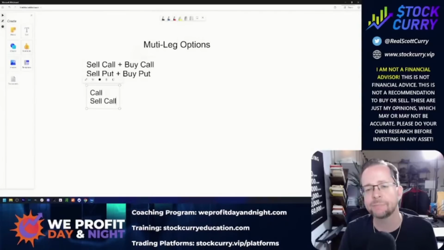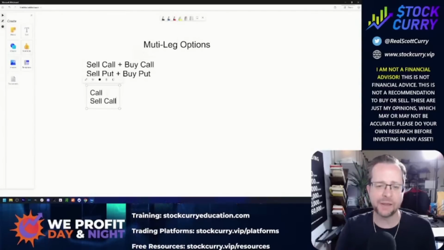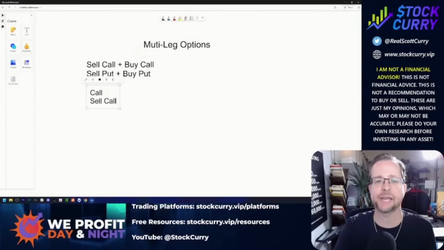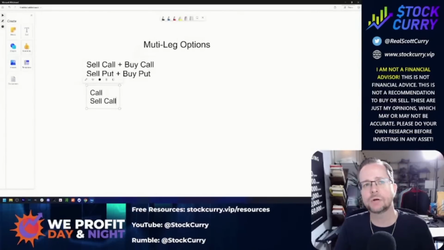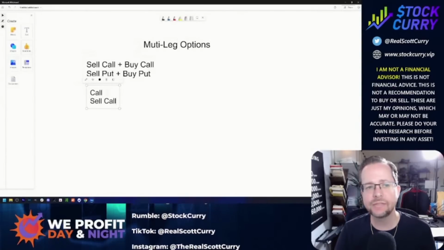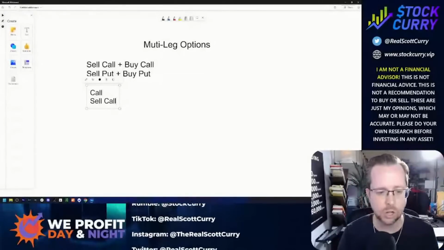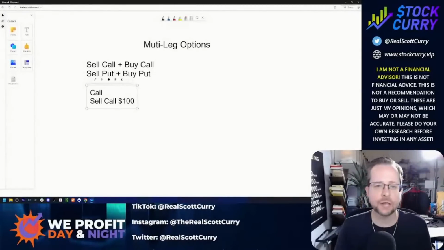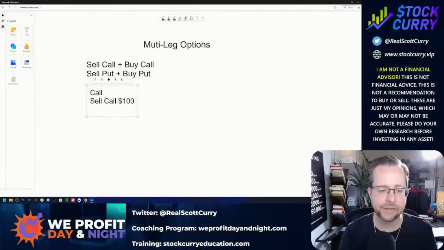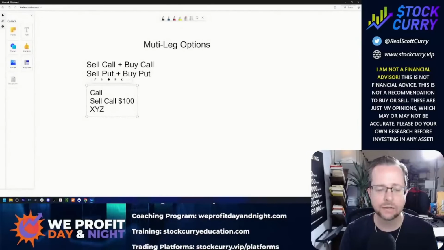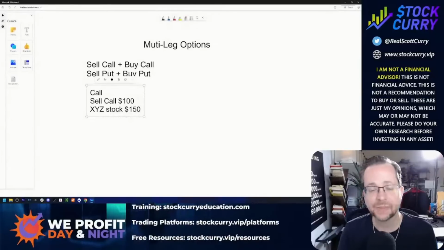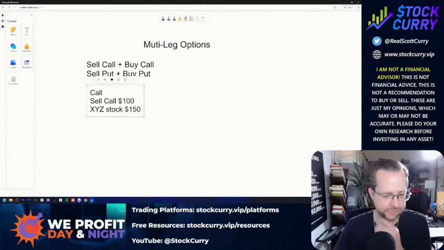I just keep my premium. But there's a huge amount of risk if the call expires in the money. What would happen? Well, let's say, just as an example, that I sold a call at $100 per share. And let's say the stock expired at $150 per share. And I did not own the shares ahead of time.